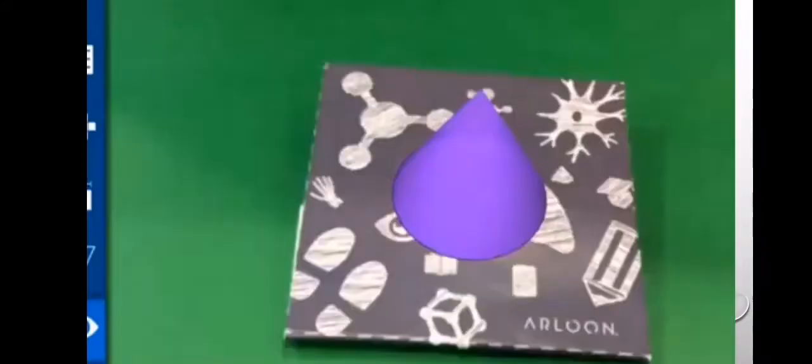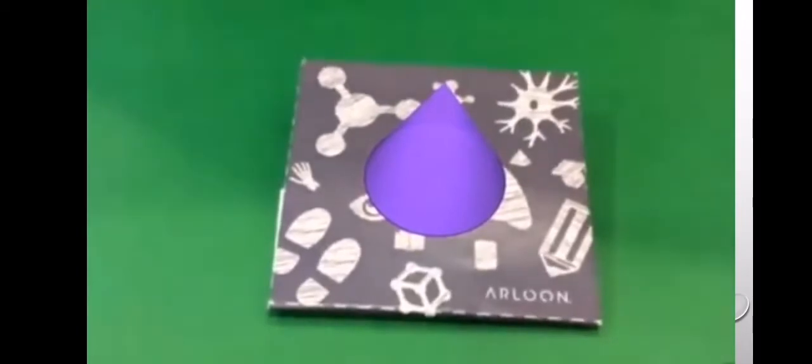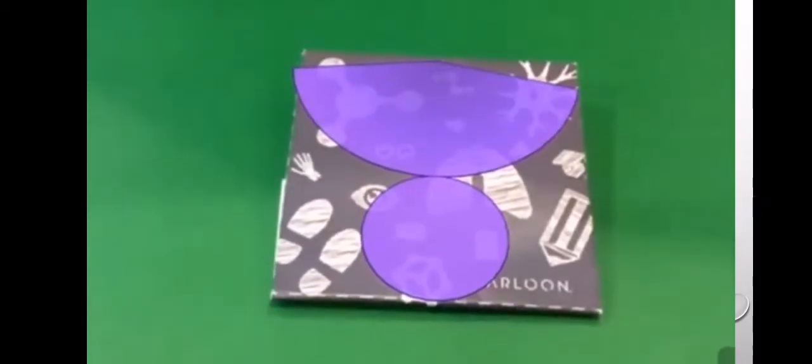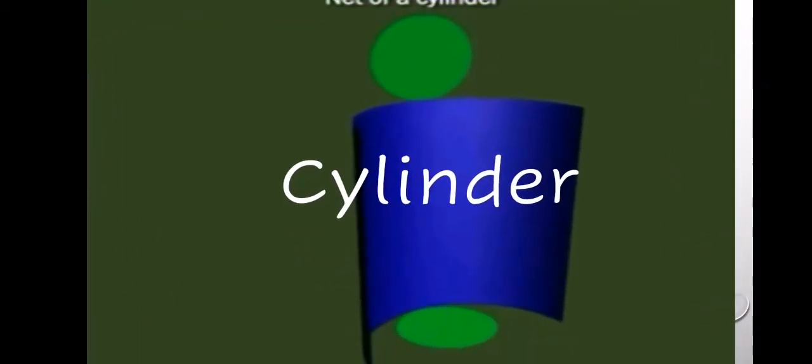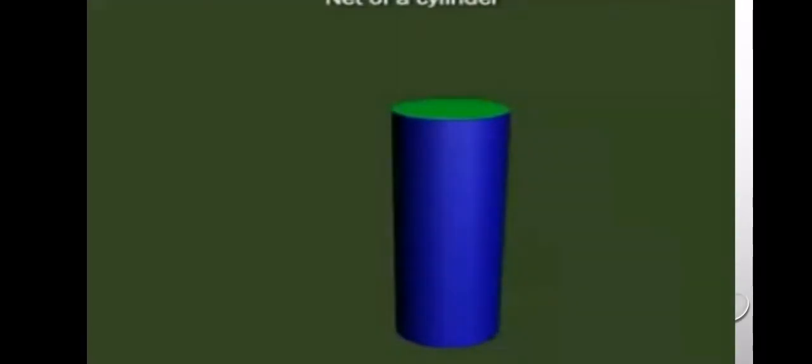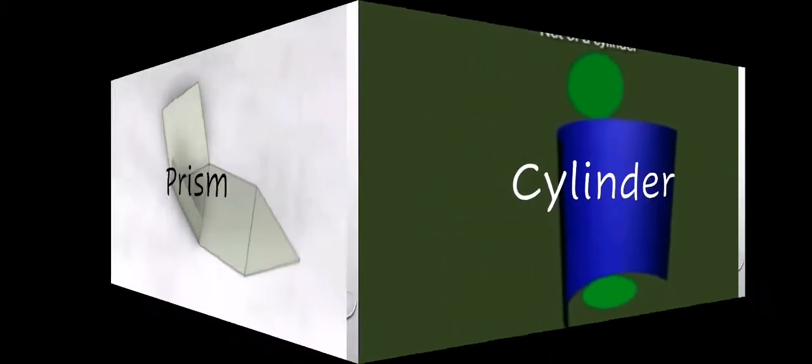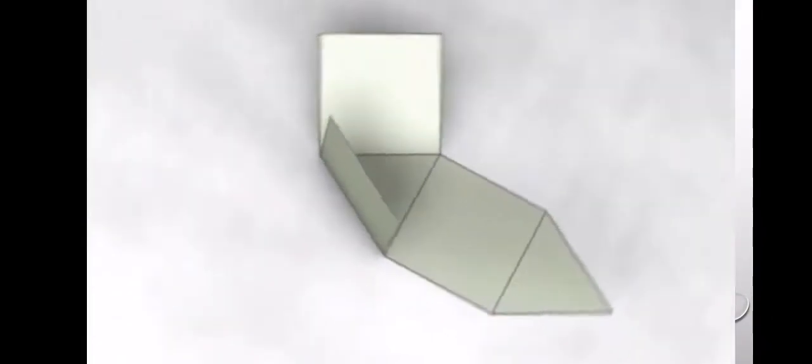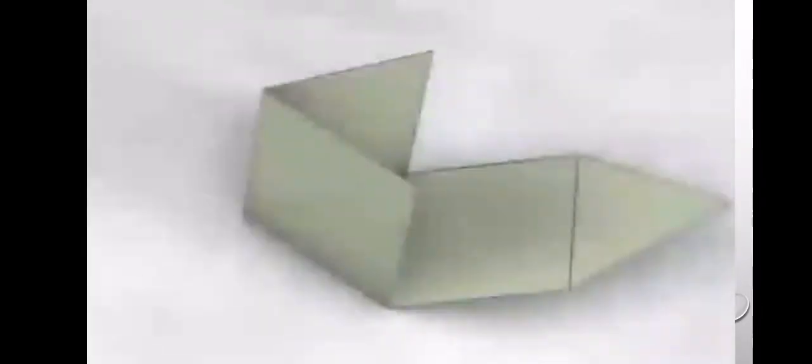Now we have a cone, cylinder, triangular prism, pentagonal prism, its net looks like a star.